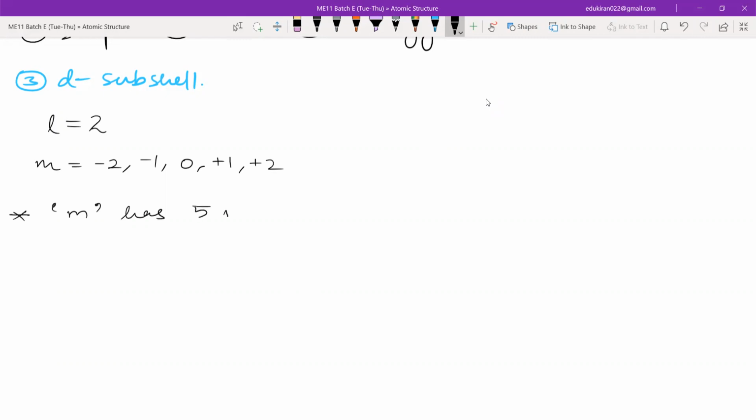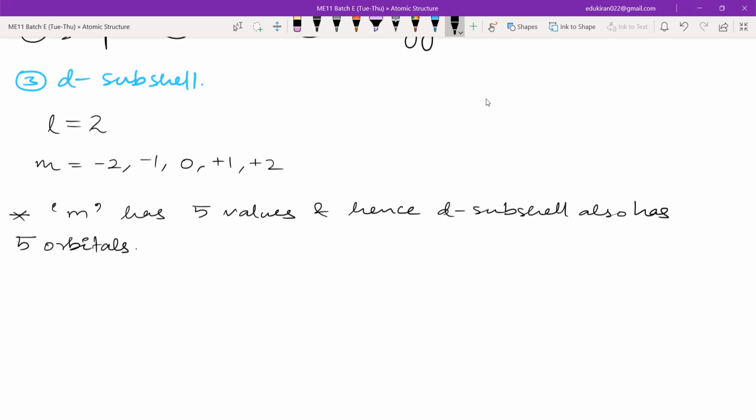Now, after this, we can write that M has 5 values, and hence d subshell also has 5 orbitals.